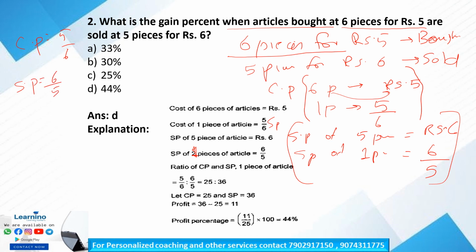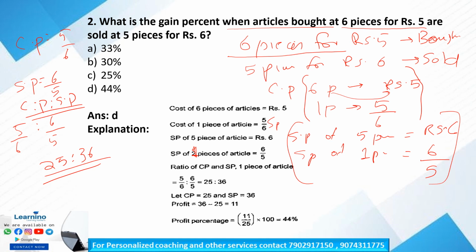So what is the ratio of cost price and the selling price of 1 piece of article? The ratio of cost price and selling price of one piece of article is 5 by 6 is to 6 by 5. By cross multiplication, we will get 25 is to 36 as the ratio of cost price and selling price. Is it clear?